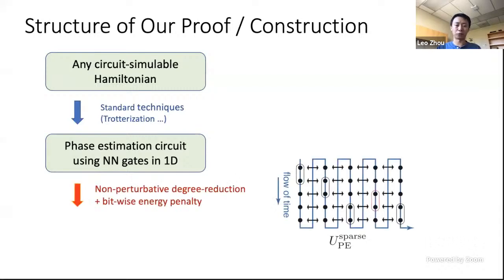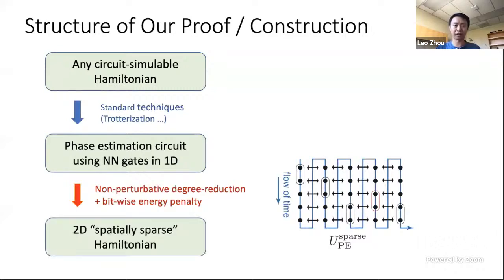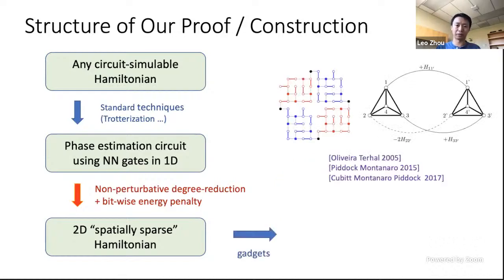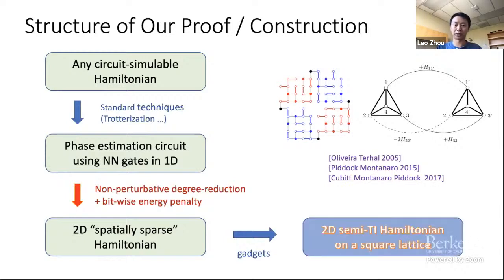Then you can use this non-perturbative degree reduction and the energy penalty to map the circuit to a 2D spatially sparse circuit, and that could be mapped to a 2D spatially sparse Hamiltonian, which, using additional ideas like these gadgets that are embeddable in 2 dimensions, we can map to a 2-dimensional semi-translationally invariant Hamiltonian on, say, a square lattice.